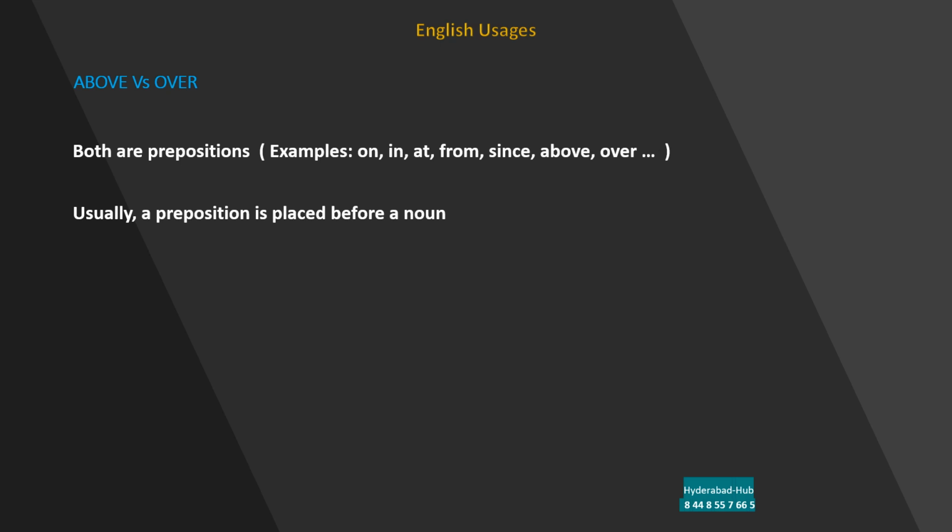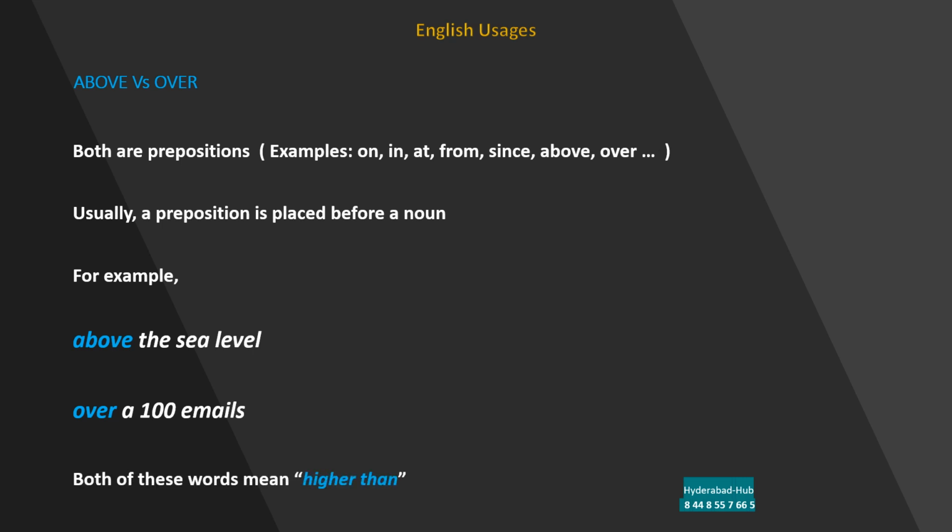For example, above the sea level, over 100 emails. This is how a preposition is placed before a noun. Both these words have the same meaning, that is higher than. But when coming to their usage, there is some difference, and it is important to know how to use above and how to use over.